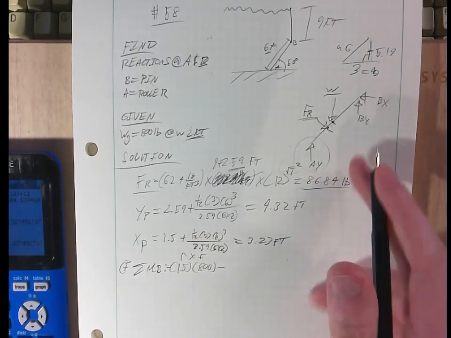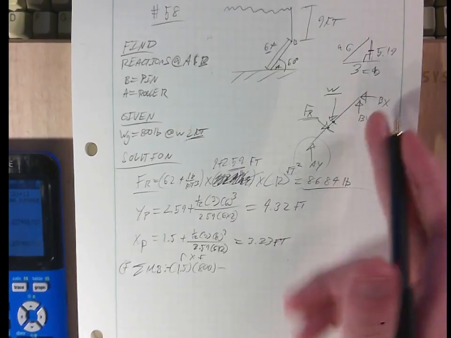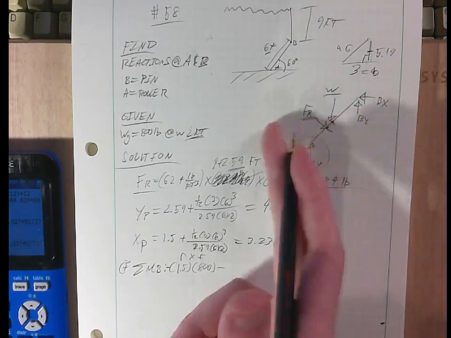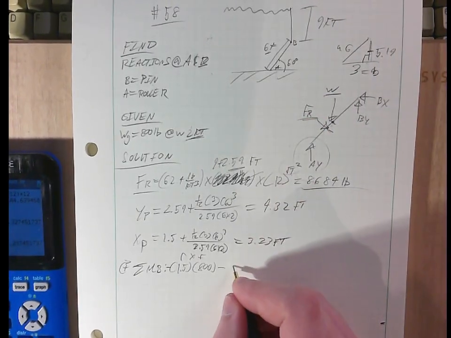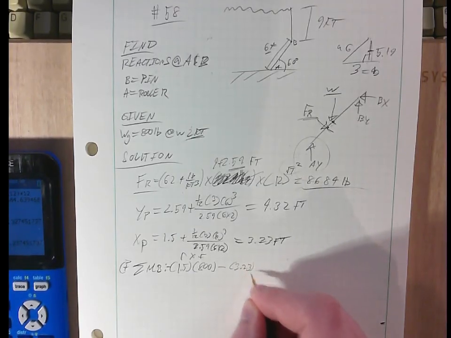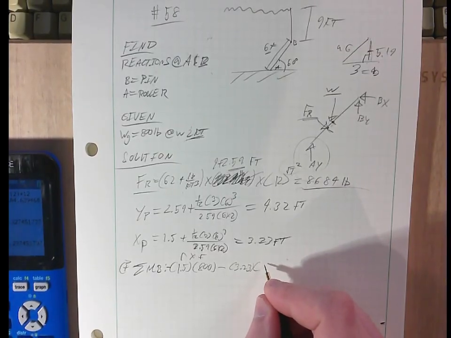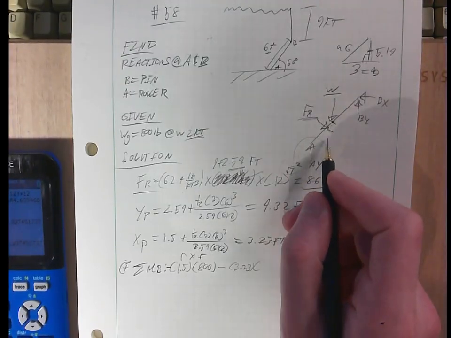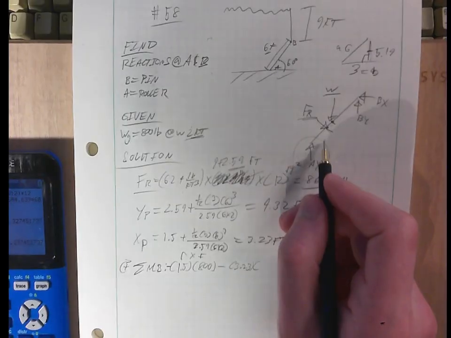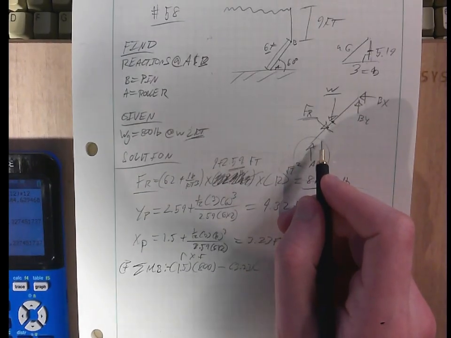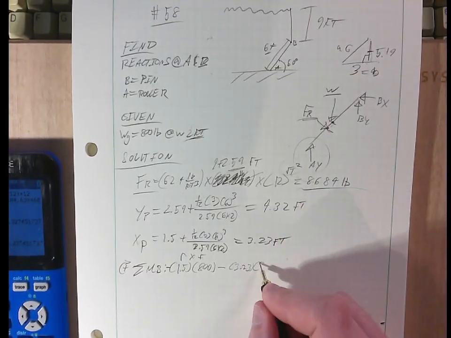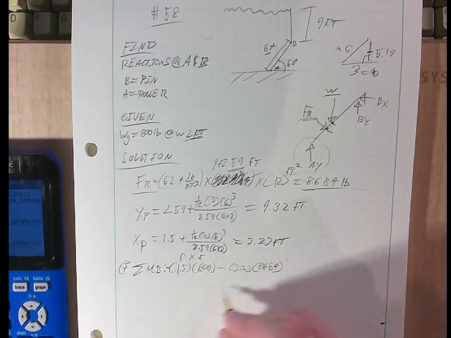This is going to be our 3.23. And this is going to be times, I'm assuming this is going to be sine 60. Or actually, it's not. It's just normally our pounds right here. 8684.